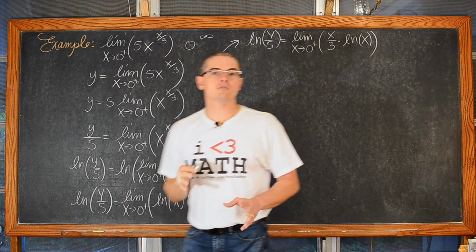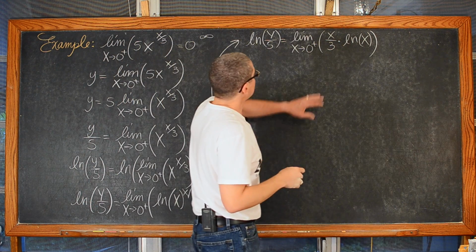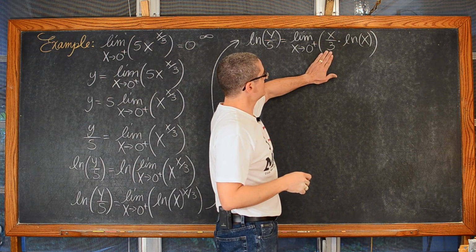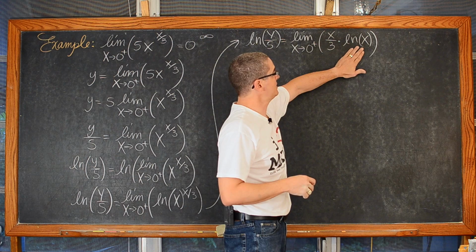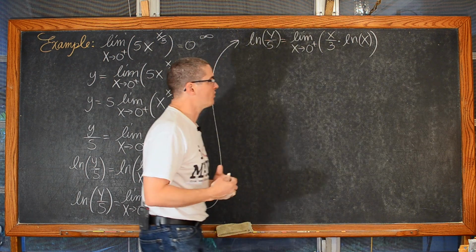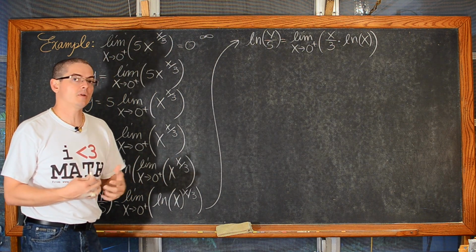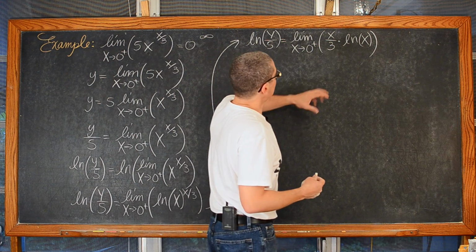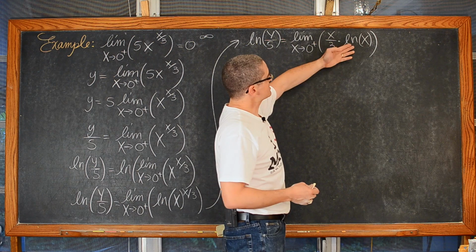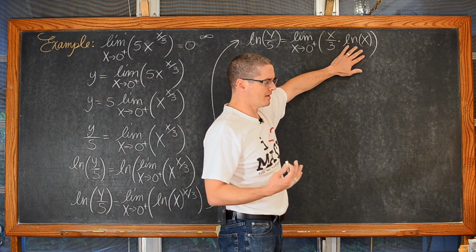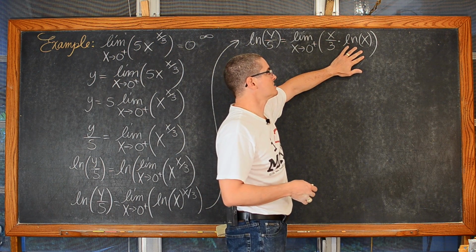Now if you look at what we have going on here, if we try to apply the limit, this is going to be 0, and this is going to be negative infinity. So it's still an indeterminate form, but it's not a form where we can apply L'Hopital's rule. It's going to be a little difficult to write a 1 over natural log situation.